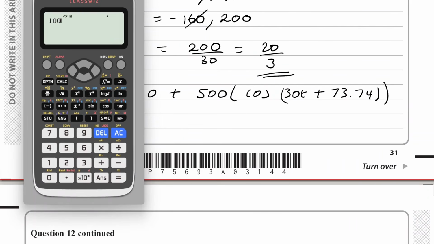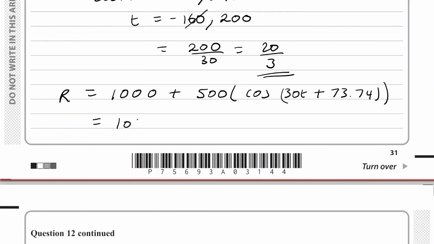So substitute it in, and we get 1,033 rabbits, the closest whole number. So we substituted that in for t, and we get 1,033 rabbits.